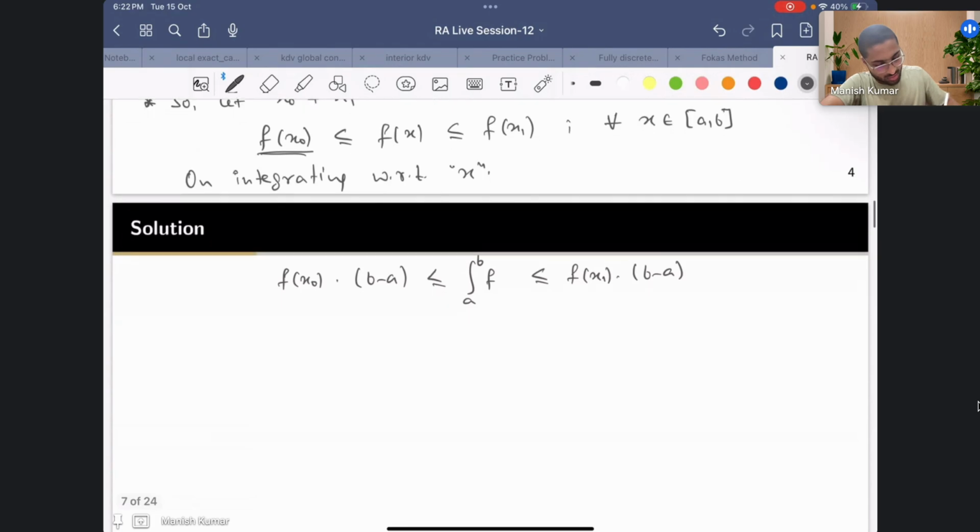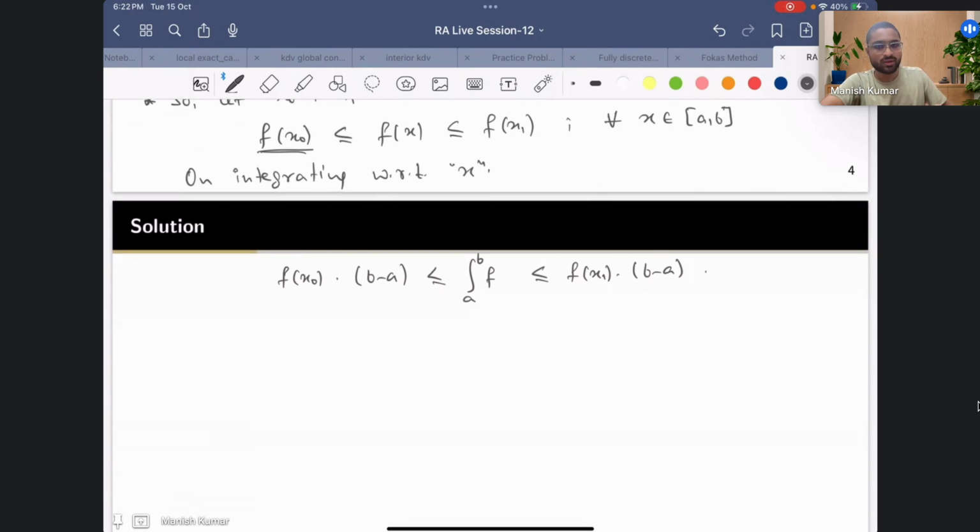So we have just integrated the above inequality. Now you just divide by b minus a, so what you get is f of x0 is less than or equal to 1 by b minus a times the integral of f over a, b, which is less than or equal to f of x1.